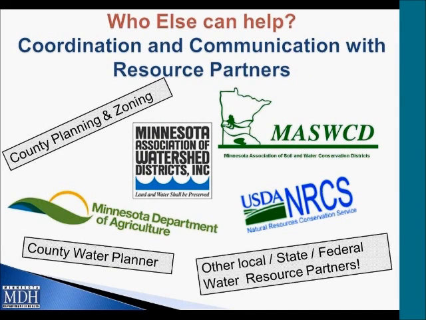Who else can help? There are a lot of other partners out there depending on the issues: County Planning and Zoning, the Soil and Water Conservation District, the Minnesota Department of Agriculture if you have ag issues, the County Water Planner. All these different state, federal, and local resource partners can help develop better plans, and I think it's good to have them at the table early during plan development rather than calling them later after the plan's done and saying, oh, by the way, we have an agricultural related issue we'd like your help to address.